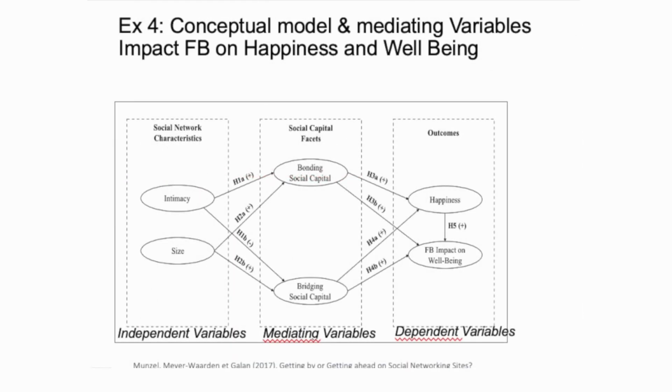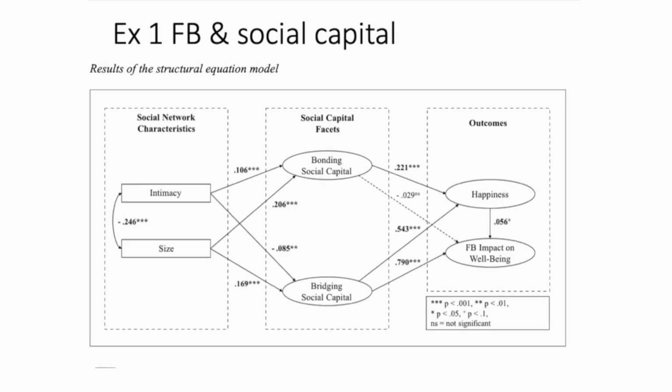Here is our example 1 about the impact of social capital of Facebook on happiness and well-being. In line with our hypothesis, we see the independent variable intimacy in the network impacts bonding social capital highly significantly, at the 0.001 level. And also in line with our hypothesis, it impacts bridging capital negatively at the 0.001 level.